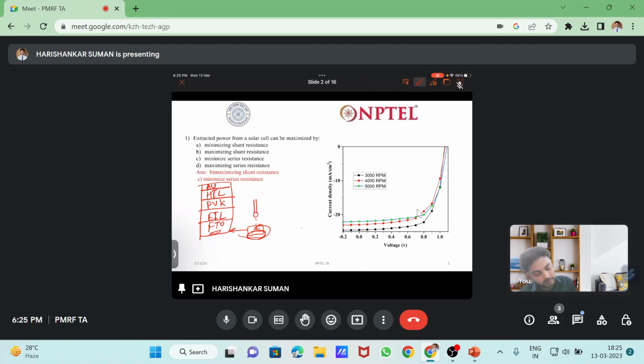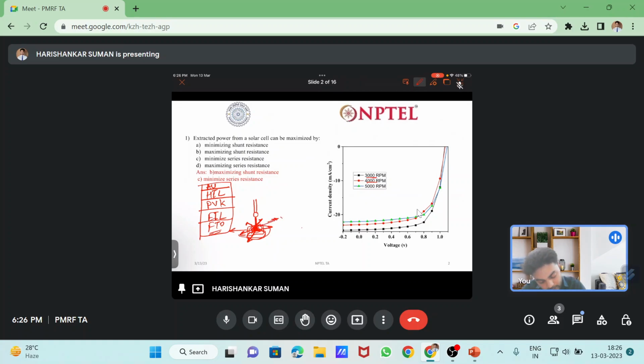So I have optimized the RPM. What is the role of RPM here? If the RPM is 3000, the speed is low, and the spreading is like that. If the RPM is maximum, then the spread is more, and our solution goes out of the substrate.